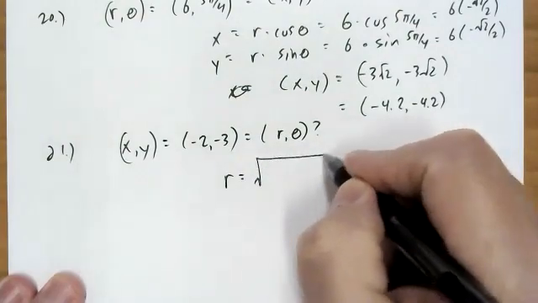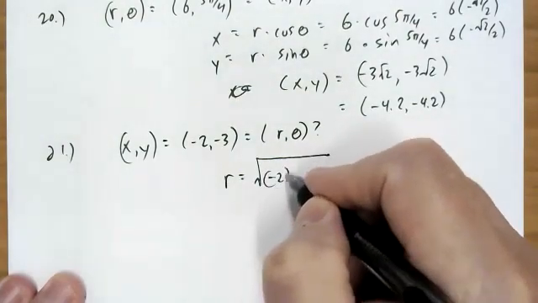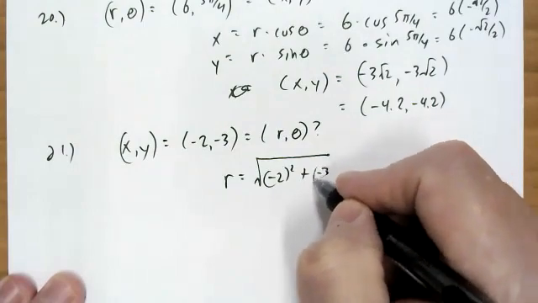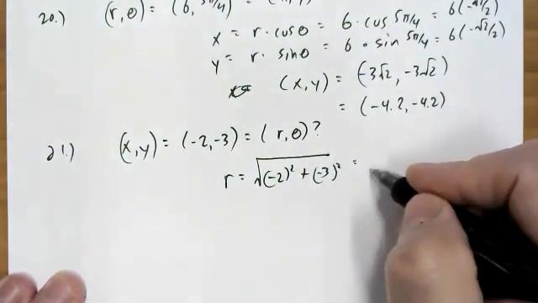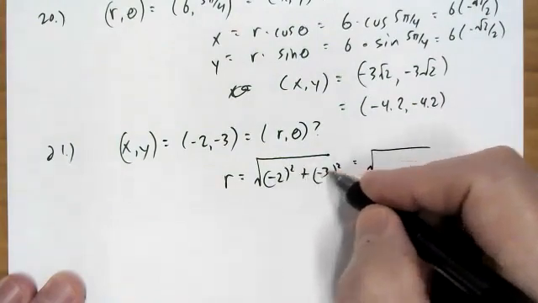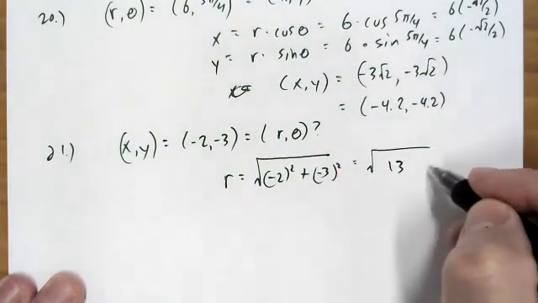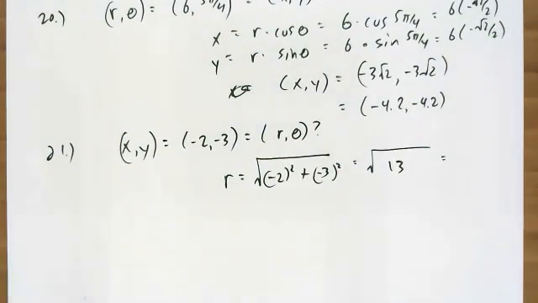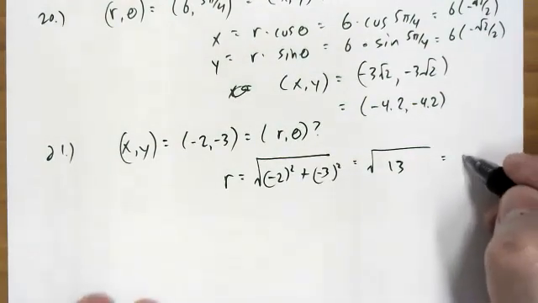So the r is just the square root of x squared plus y squared. 4 plus 9, square root of 13, or 3.6.